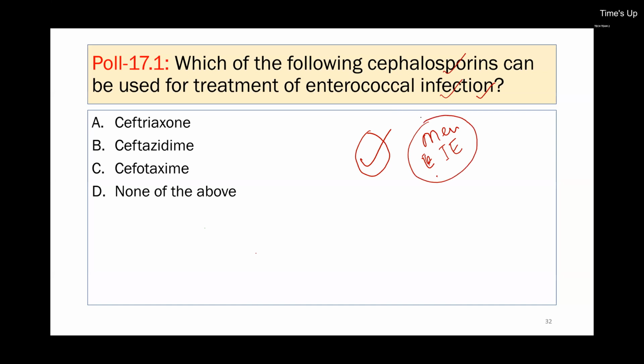In those cases, the most commonly recommended therapy is ampicillin. We'll discuss that in the next slide. So yes, ceftriaxone can be very reliably given as a combination therapy, mind it, in special scenarios, for treatment of those serious infections. I have a slide after that where I'll discuss that part.